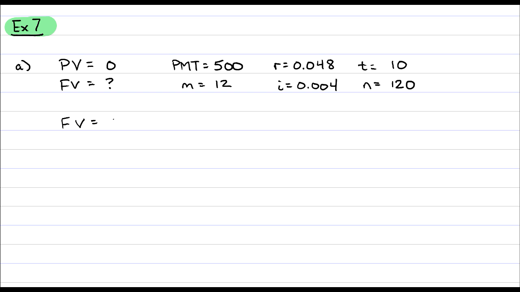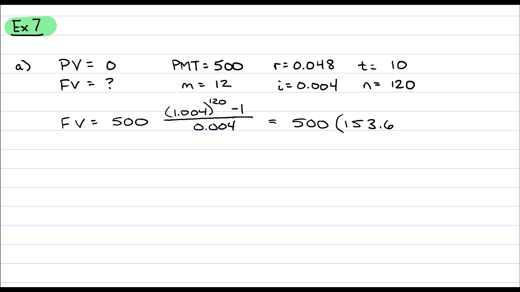So I just get PMT times (1 plus i, 1.004, raised to 120, minus 1) divided by 0.004, which is going to give me 500 times, if I calculate that fraction, I get 153.631959.